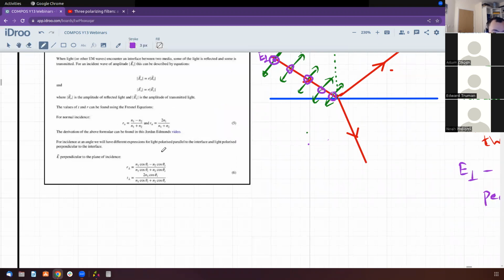And there's a formula for the perpendicular component. R is the proportion of light reflected, and T is the proportion of light transmitted.